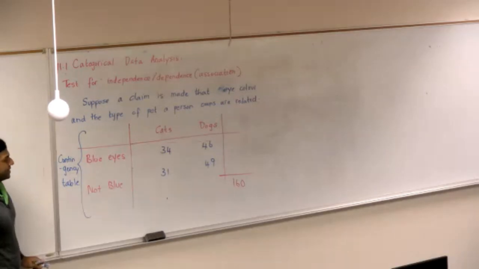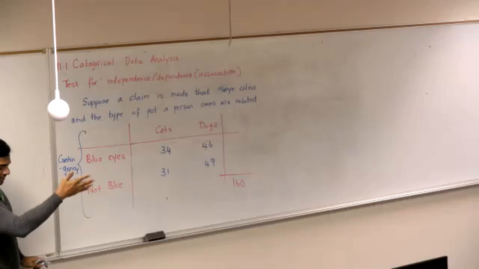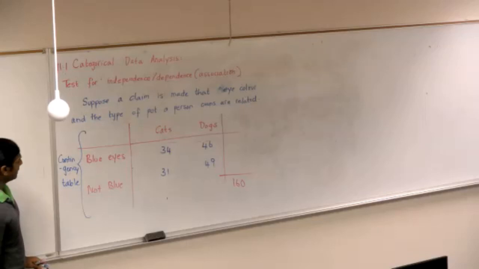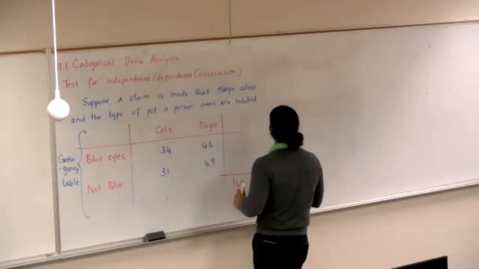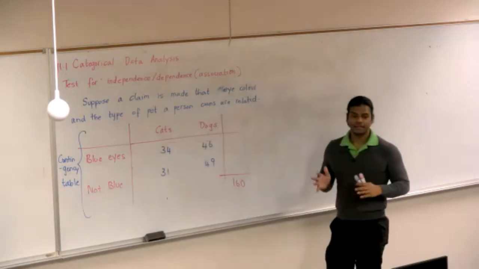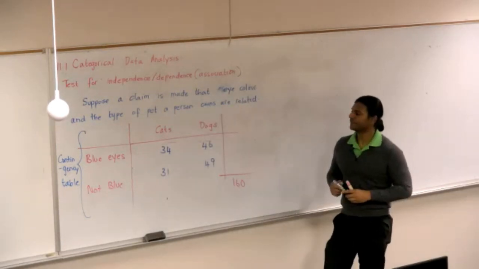Contingent means conditioned on something. It's a condition, contingent on, you're making a condition on something. So we're going to determine association using conditional probabilities.